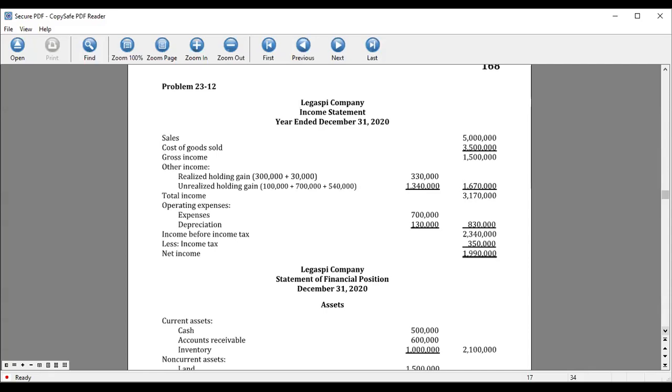Now we have the amount of sales equal to 5 million. Then cost of goods sold at current cost, given at average current cost, 3.5 million. So we have the gross income of 1.5 million.